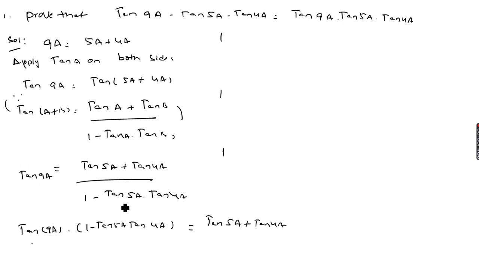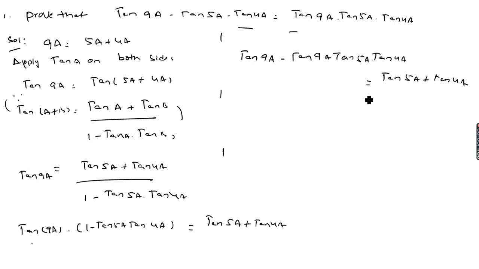So tan 9a into 1 is nothing but tan 9a, minus tan of 9a into tan of 5a into tan of 4a, is equal to tan of 5a plus tan of 4a.